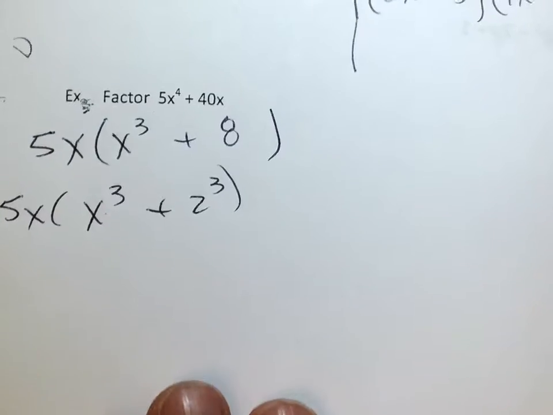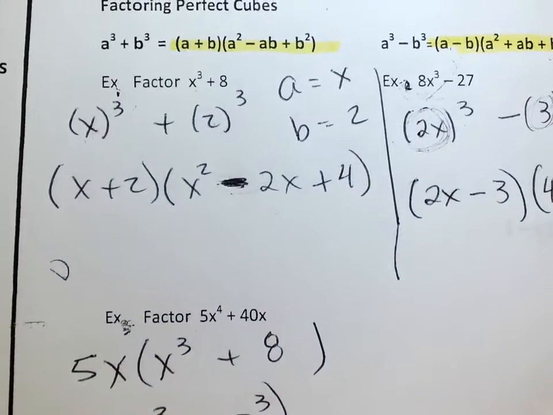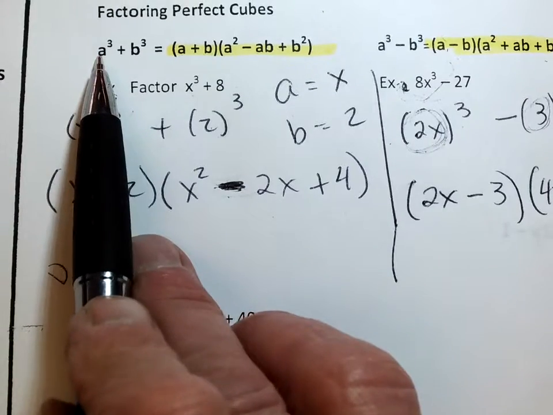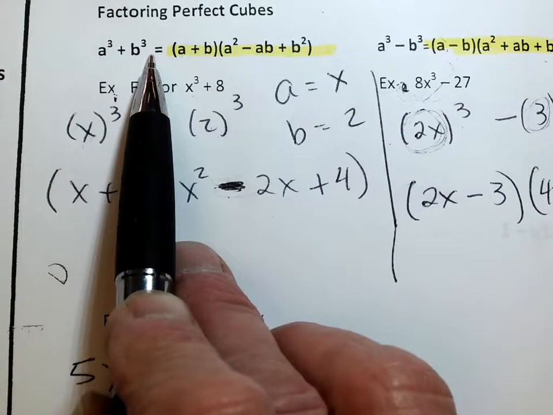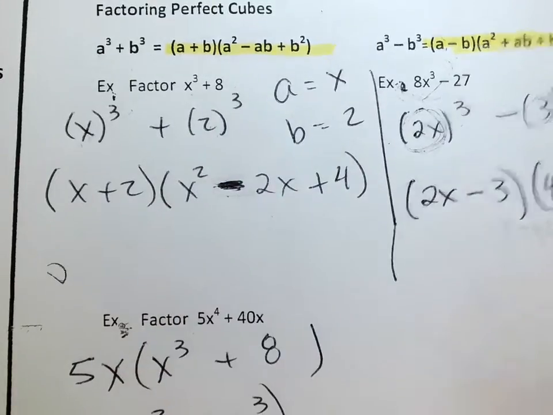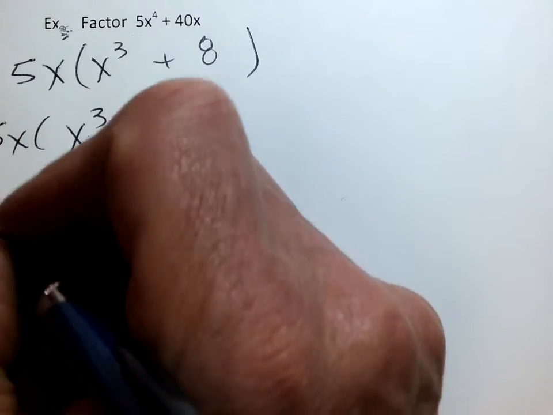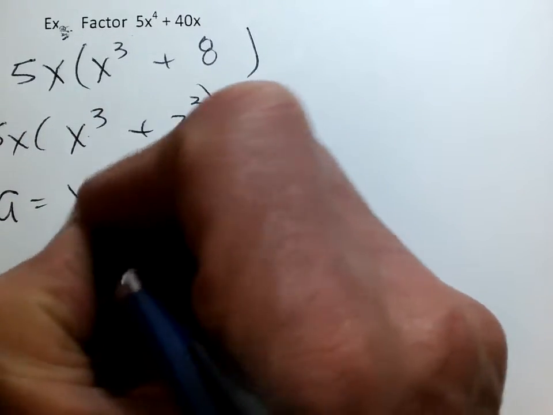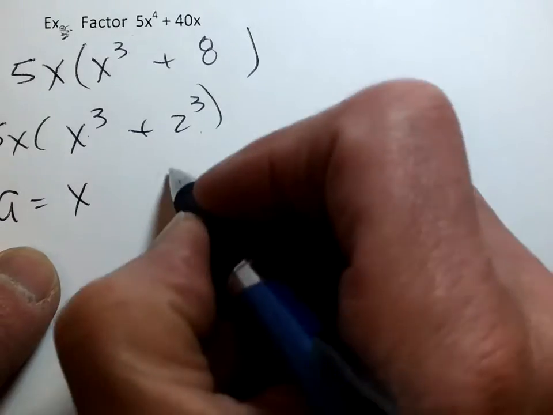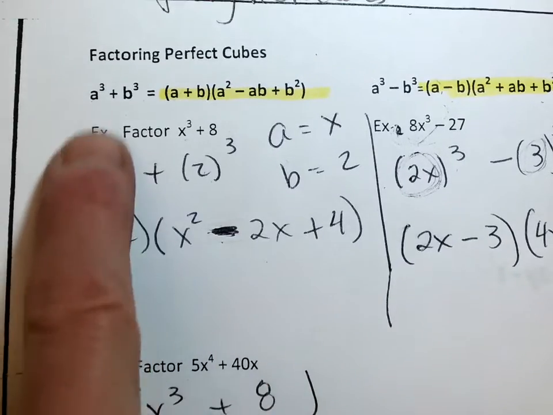Great. Now I'm going to slide this up for a little bit and look at our formula, okay? So our formula says if we have a cube plus a cube, we can rewrite it in this factored form, right? So in this case, I have a cube plus a cube. I'm going to let a equal the x, so it's a cubed, and I'll let the b equal the 2, right? Because I need my a cubed plus my b cubed, right?